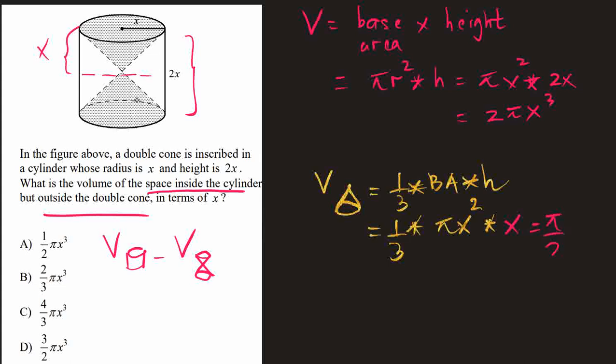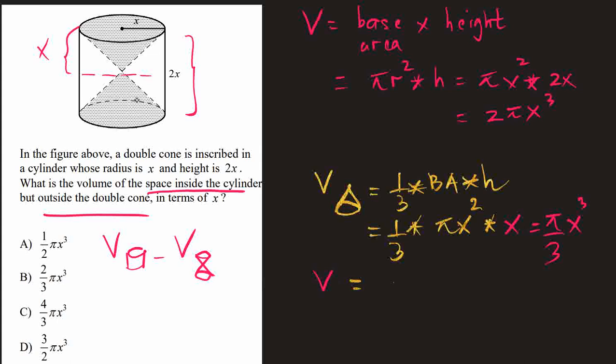Now we have pi over 3 x cubed, and times 2. So we have 2 volumes of cone, and now we can count the volume of the space inside the cylinder but outside the cones.